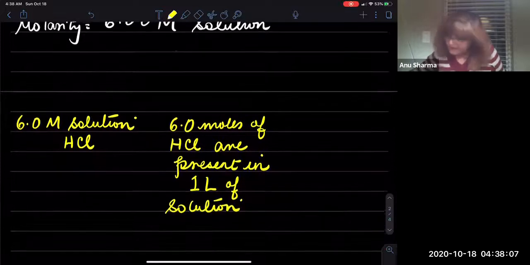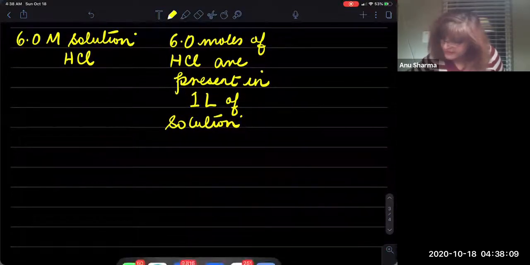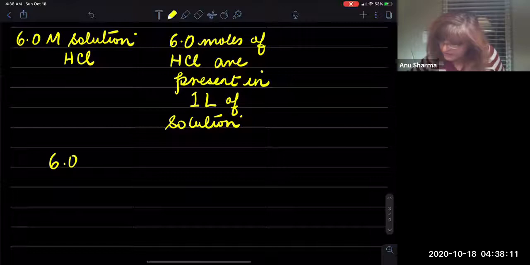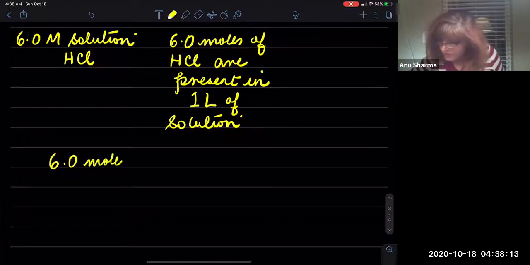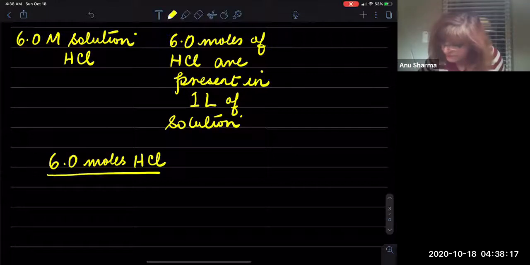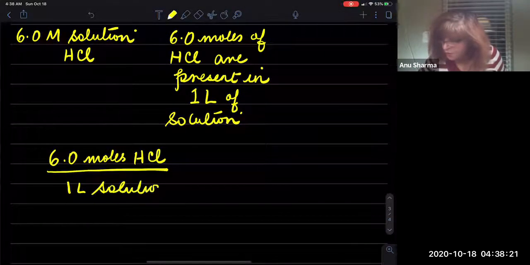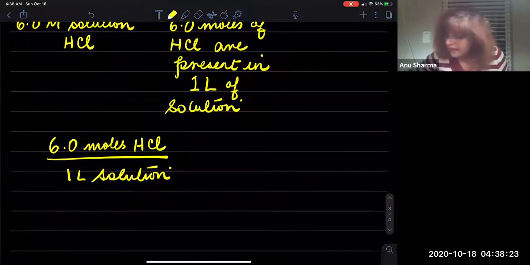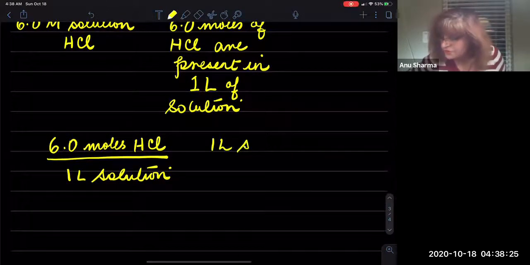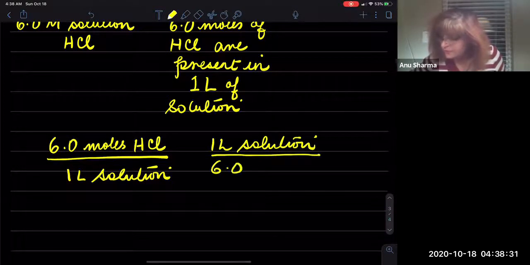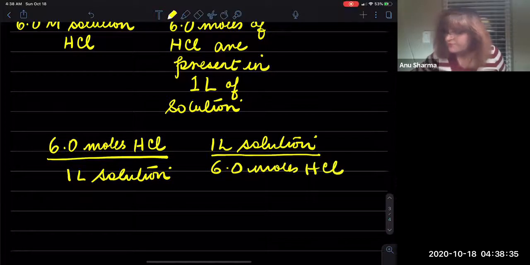This also can be translated as 6.0 moles of HCl present in 1 liter of solution, and 1 liter of solution over 6.0 moles of HCl.